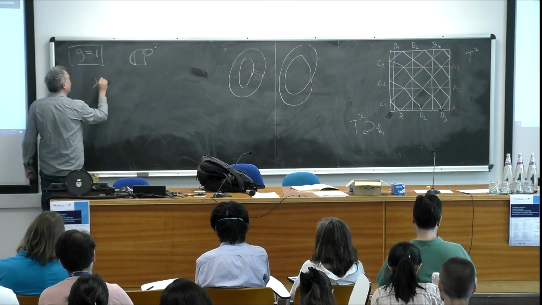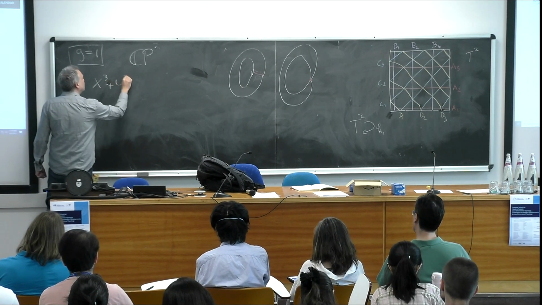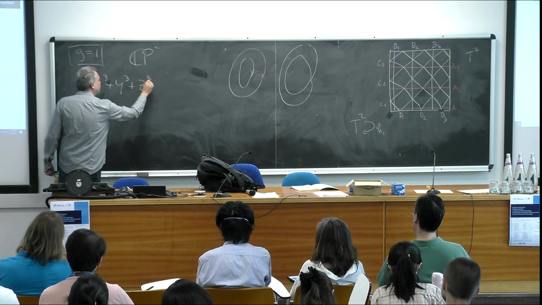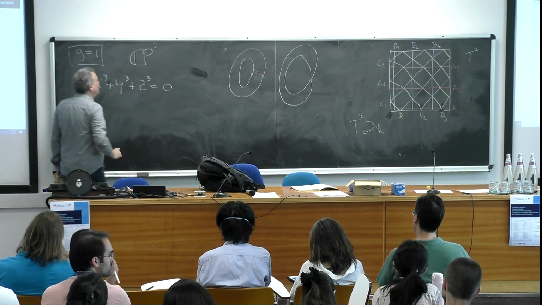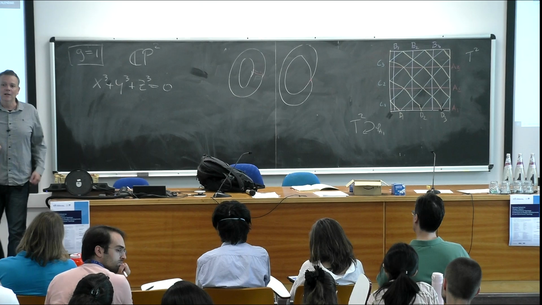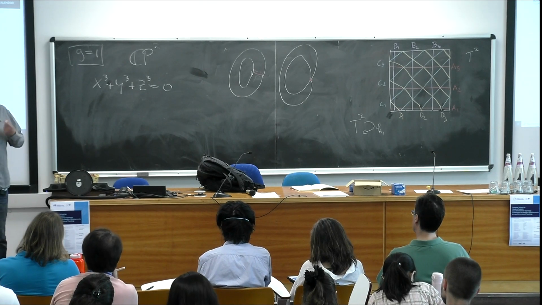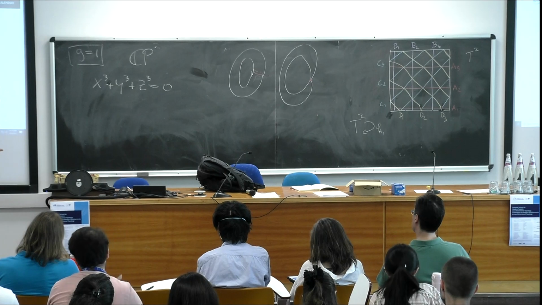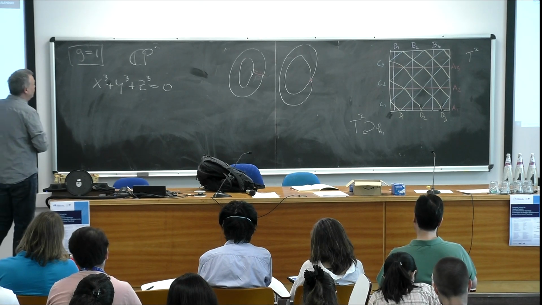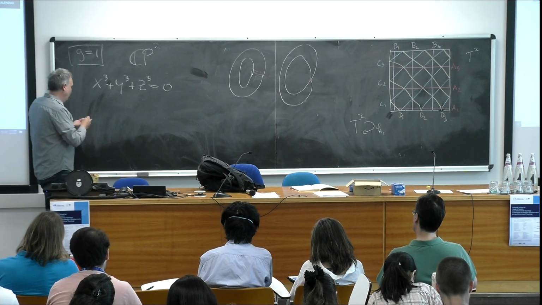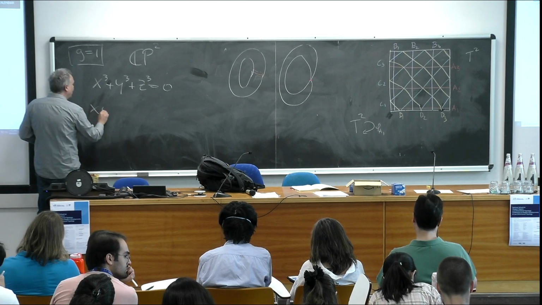So I'm going to write down this homogeneous equation now in CP2. It gives you a complex curve. You can actually prove that this is a genus 1 curve. And I'm going to write down another equation, which is xyz equals 0.